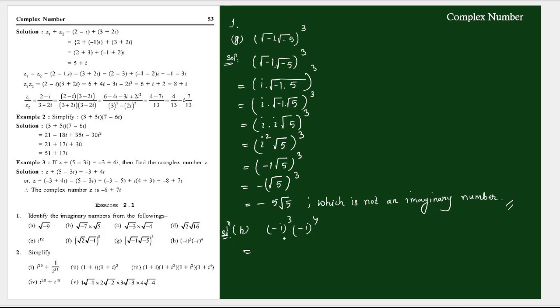Let me check the book. Somewhere we have found out that minus i, wait, what was that?